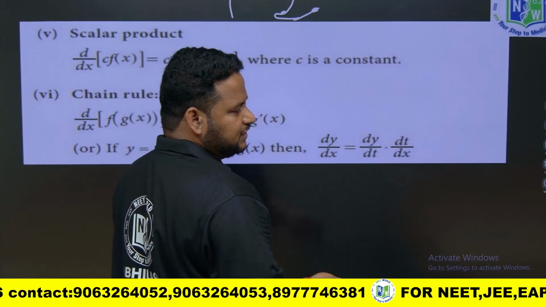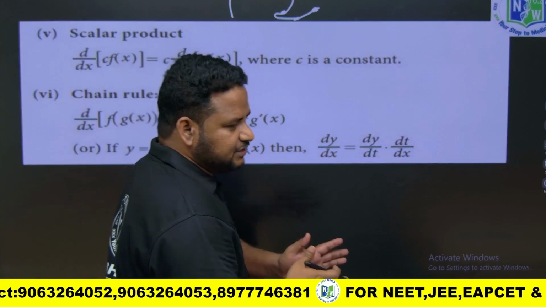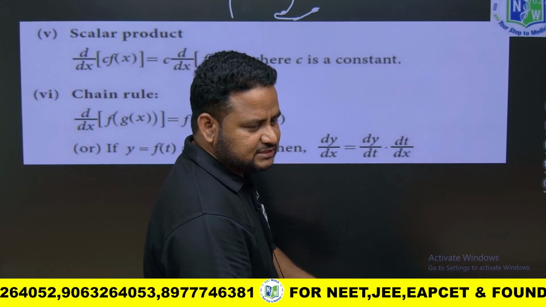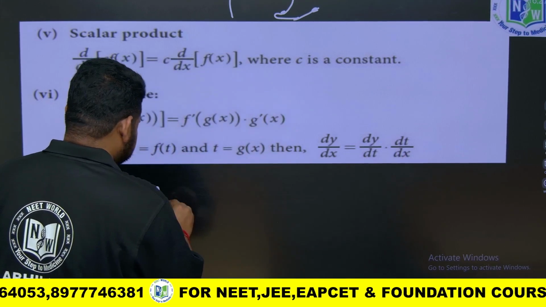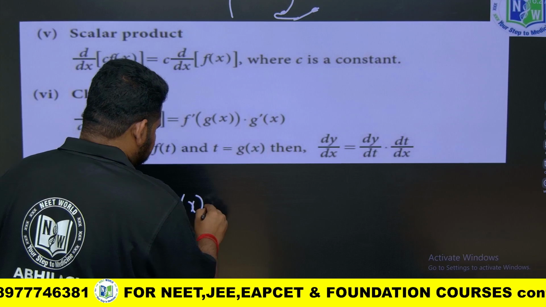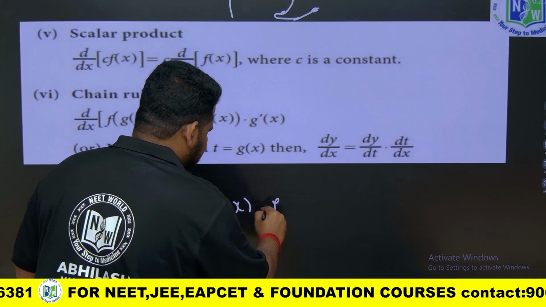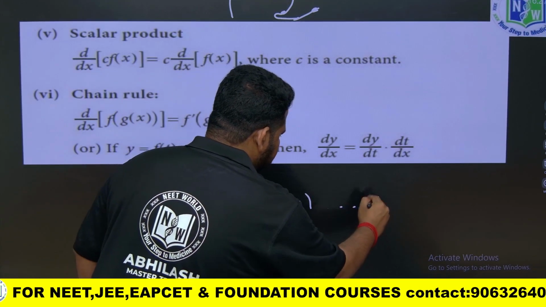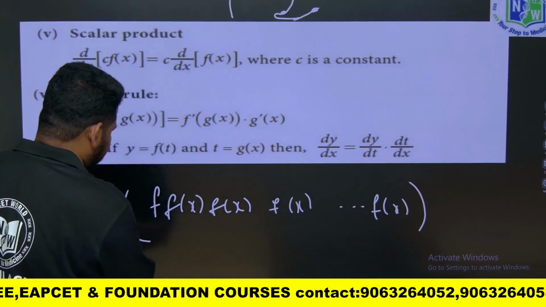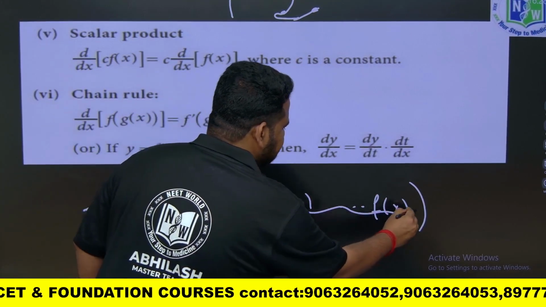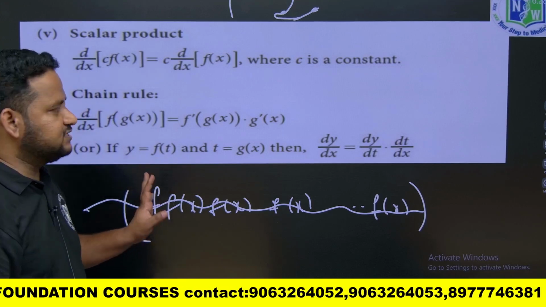Similarly, you keep on differentiating till you get the last function of x. If the function is nested like f of something, you keep on differentiating from outside till the last value of x. This is the meaning of chain rule, friends.